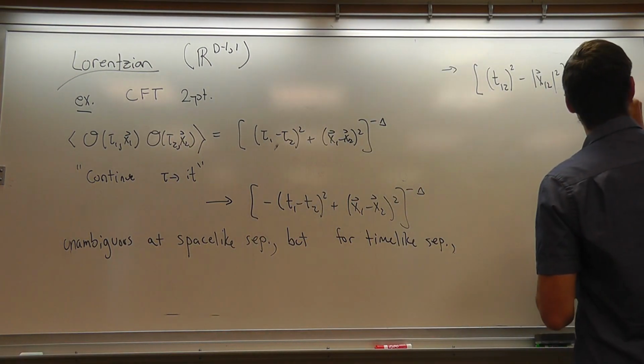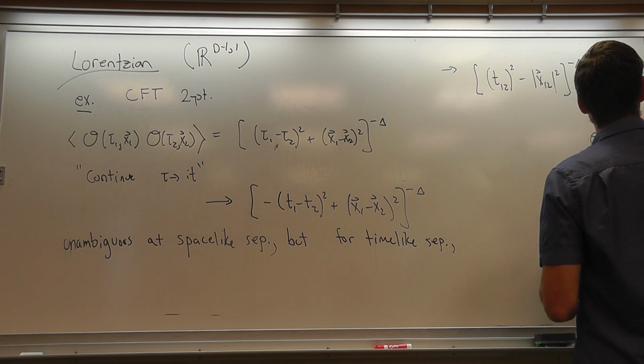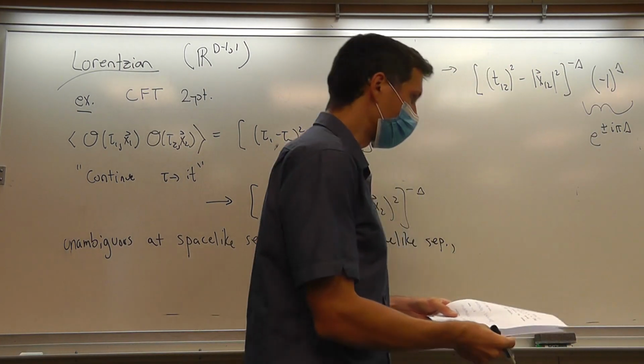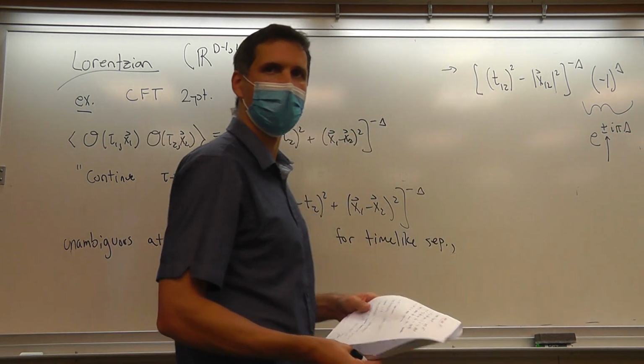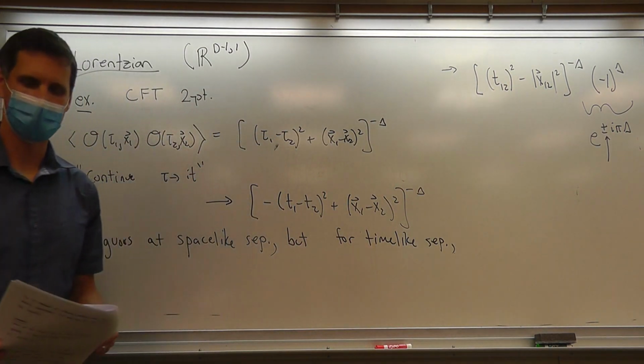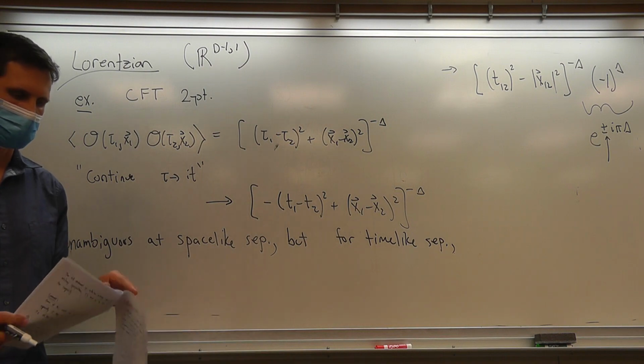Okay, so this thing here is e to the plus or minus i pi delta. And so we have an ambiguity, which is whether we should choose the positive or negative sign here. This corresponds to which way we go around the branch cut.